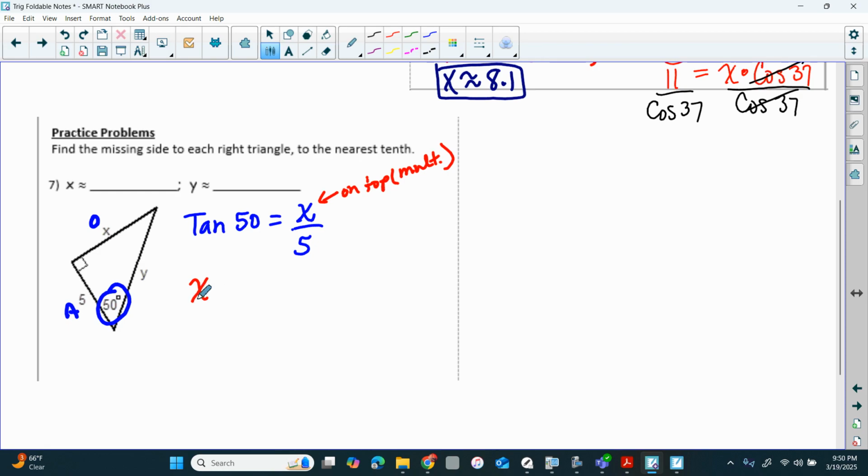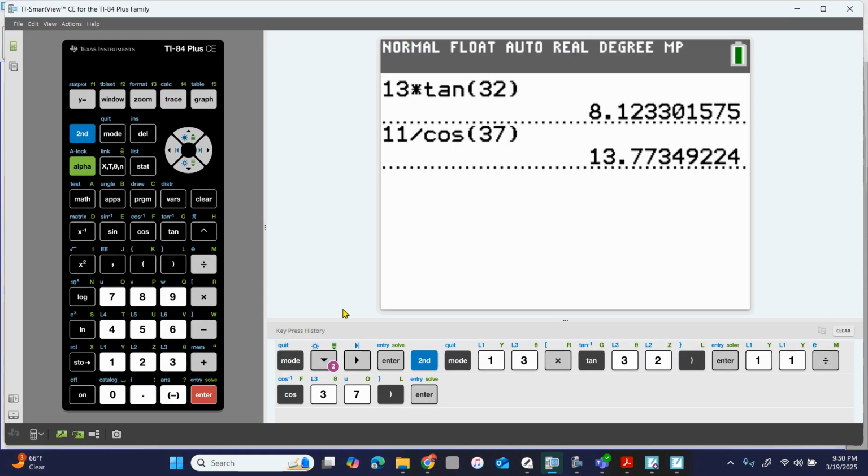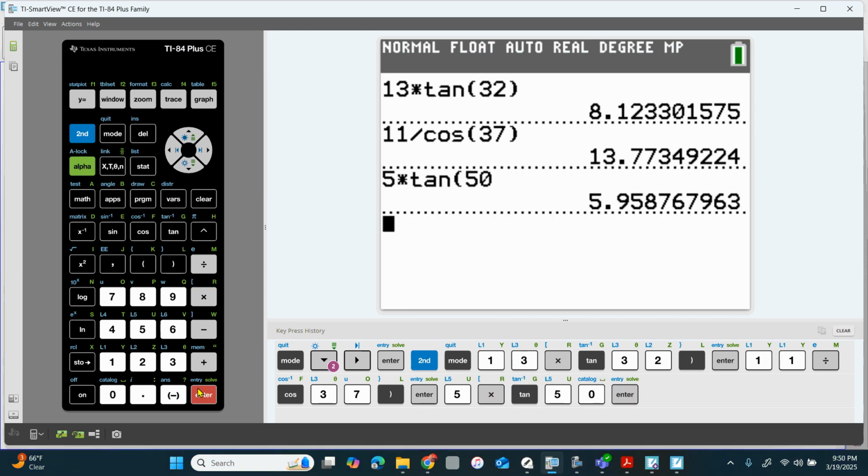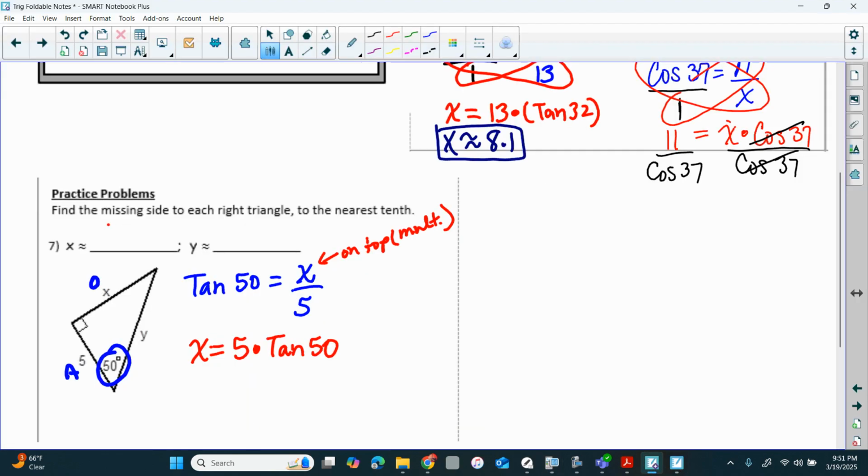But this is x equals 5 times the tangent of 50. So we have to go to our calculator. We have to type in 5 times the tangent of 50. Hit enter, round to the nearest tenth. This is actually going to round up to 6 because we have a 5 here, and that's going to change both of them. So x is approximately 6.